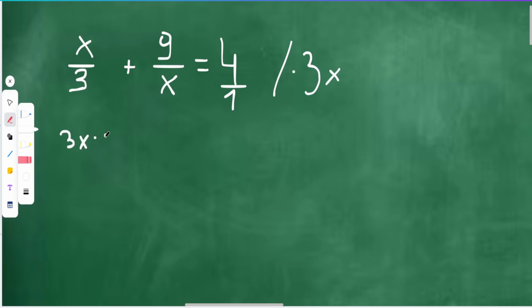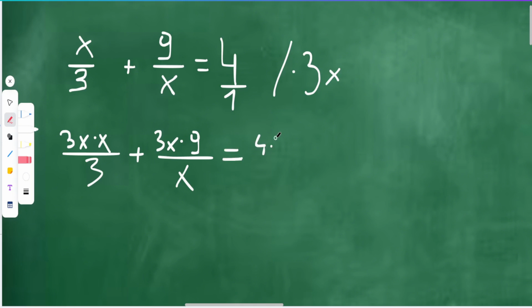3x multiplied by 3 plus 3x multiplied by 9 divided by x equals 4 multiplied by 3x divided by 1. Here, I changed the order, which does not matter in the case of multiplication.